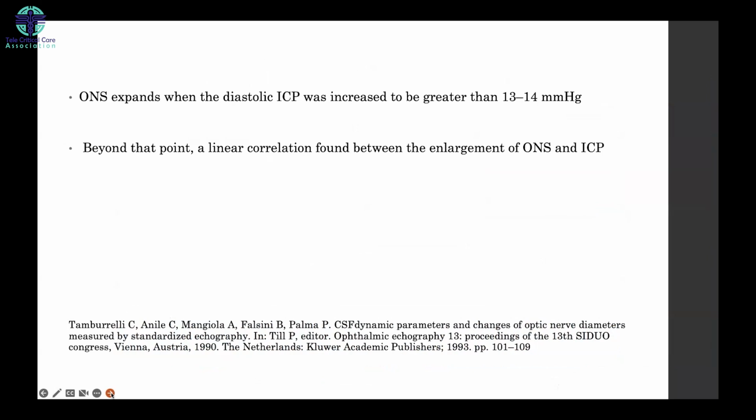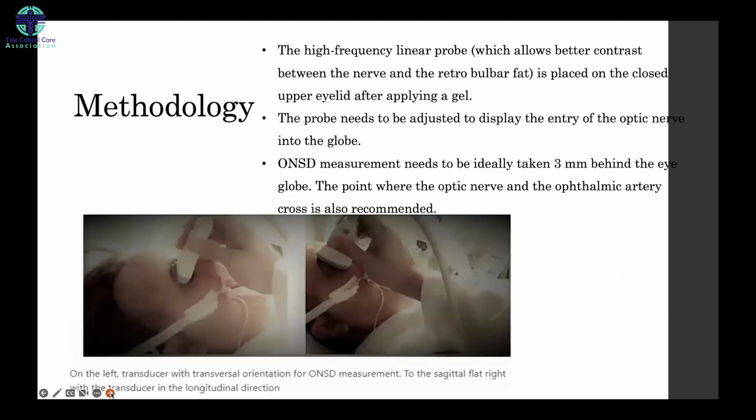Once the intracranial pressure increases beyond 13 to 14 mm of Hg, that is when the optic nerve sheath starts to expand. And beyond this point, there is a linear correlation between the enlargement of the optic nerve sheath and the increase in the intracranial pressure.